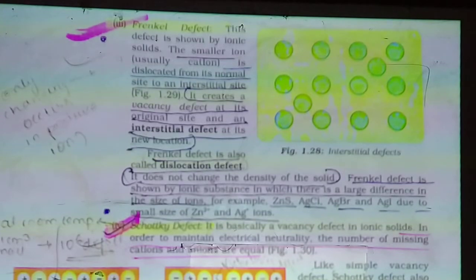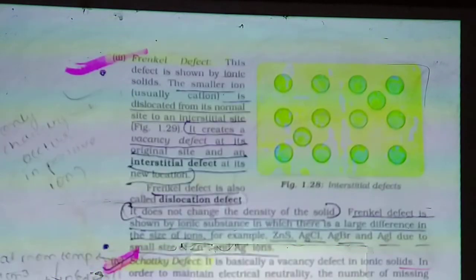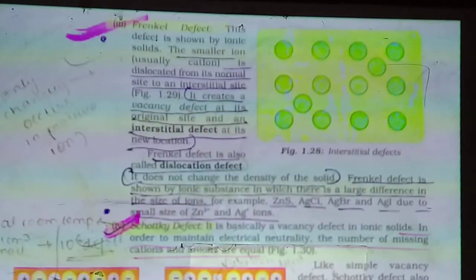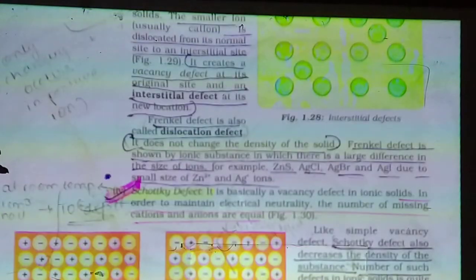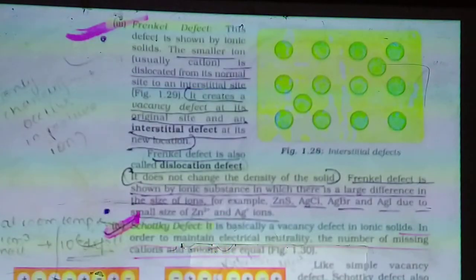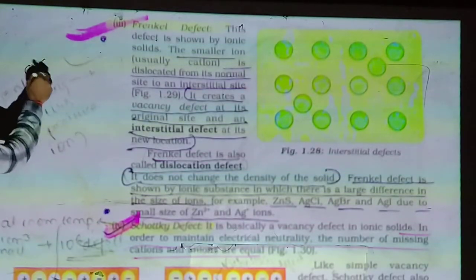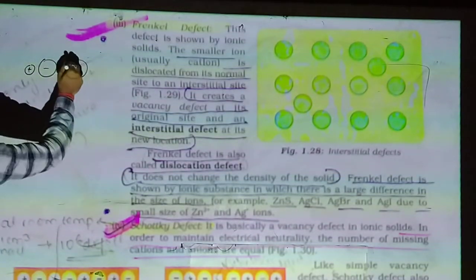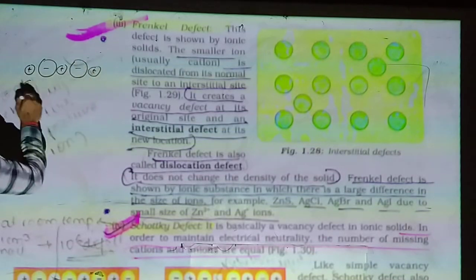Frenkel defect is shown by ionic substances in which there is a large difference in the size of ions. Example: zinc sulfide, silver chloride, silver iodide, due to the small size of Zn2+ and silver. Now listen carefully. Actually, the positive ion is smaller than the negative ion.